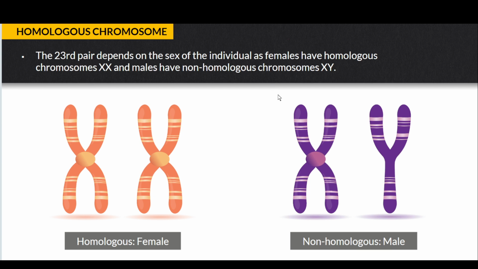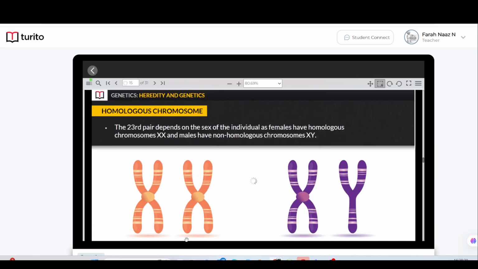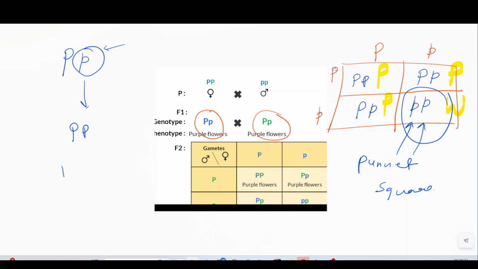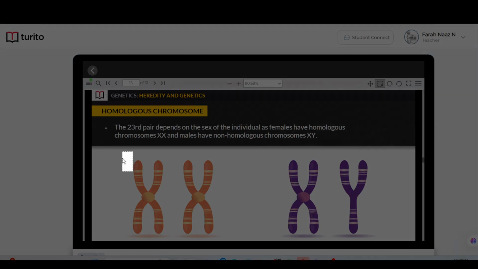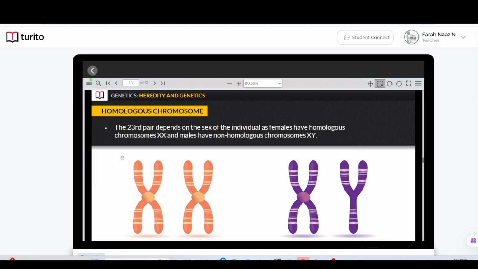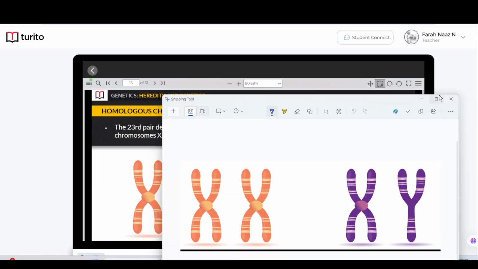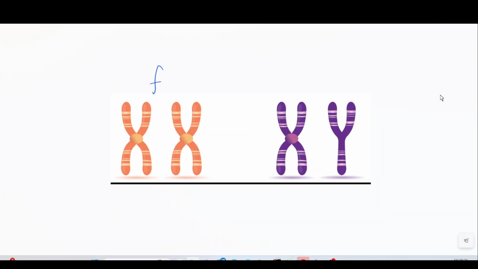Why? Let me show you how we cross them. So this is female and this is male. If we cross them, X and X, XX means there would be a female.